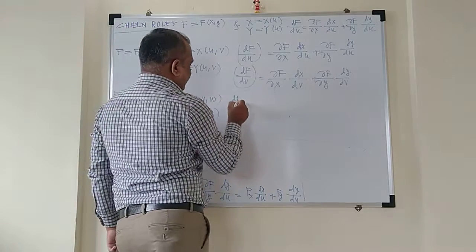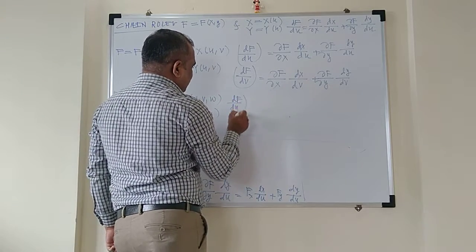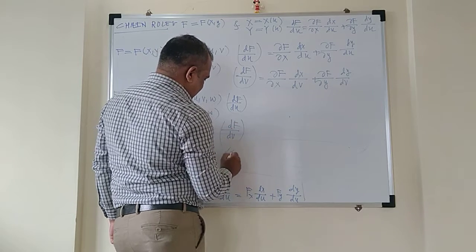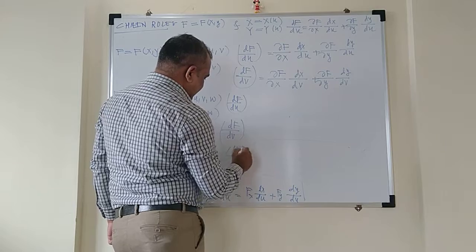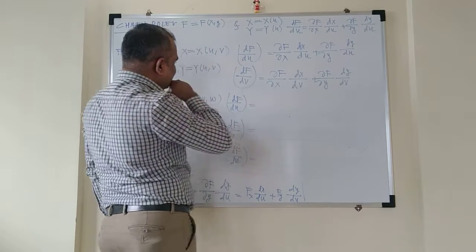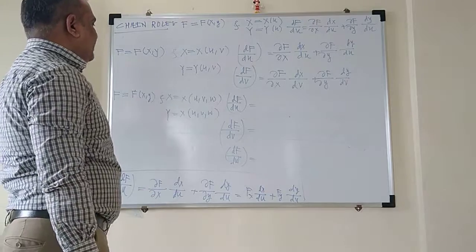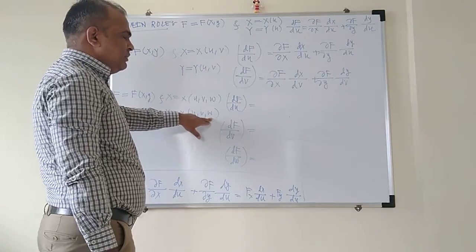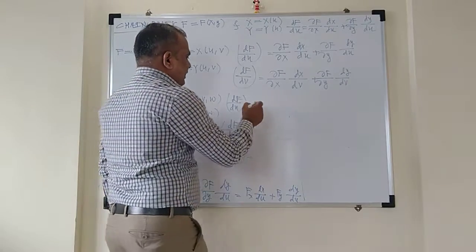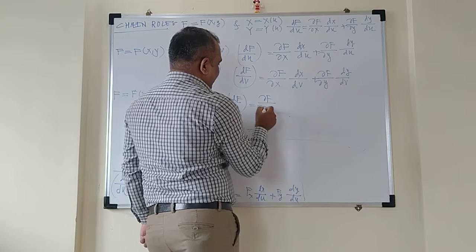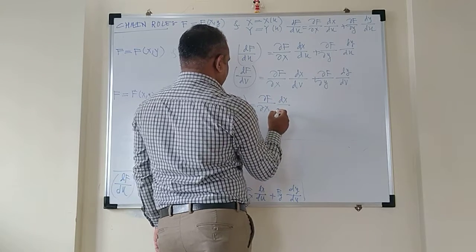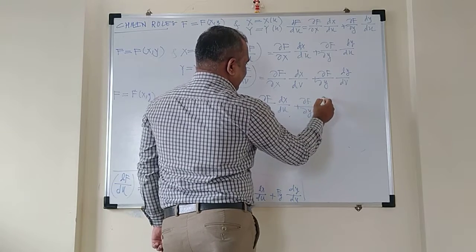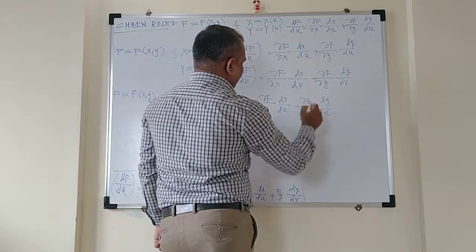So you will get df by du, second df by dv, and third df by dw, and you can write these equations easily. Got it? First time you should differentiate with respect to u, second time with respect to v, and third time with respect to w. Let me write it again: this will give you dou f by dou x into dx by du plus dou f by dou y into dy by du.